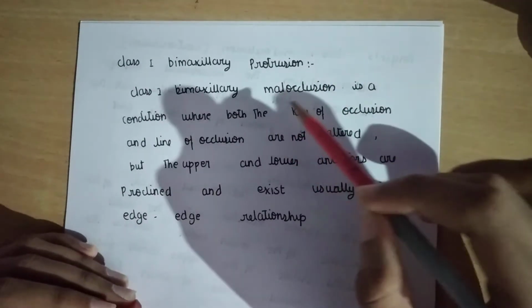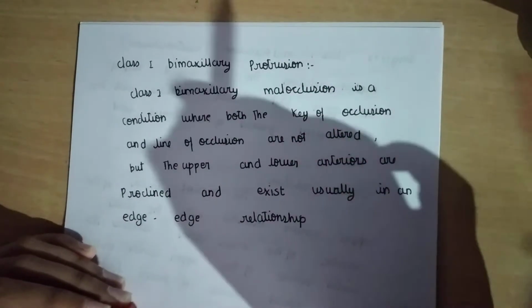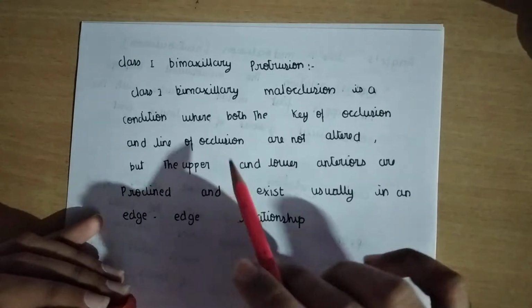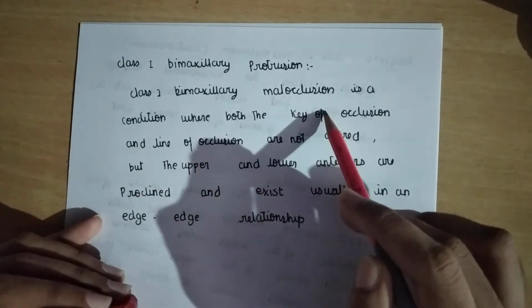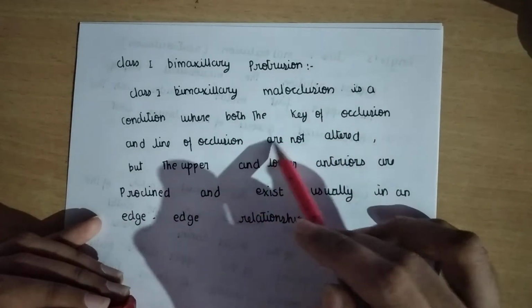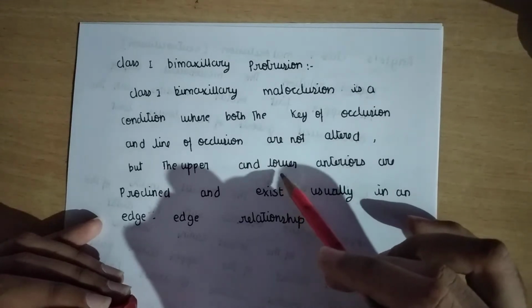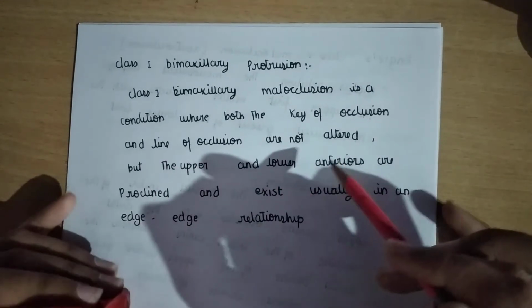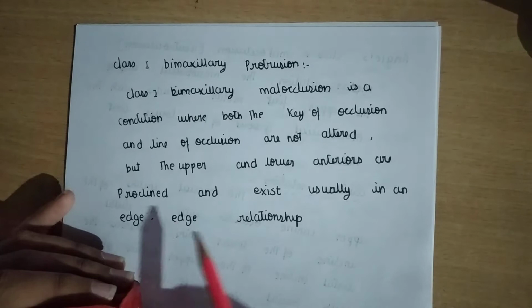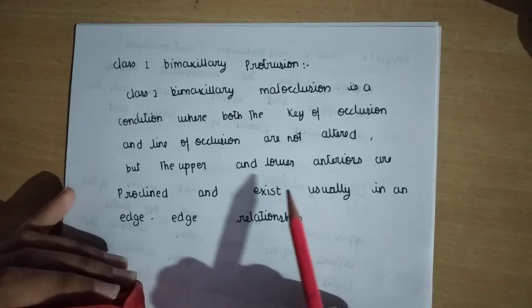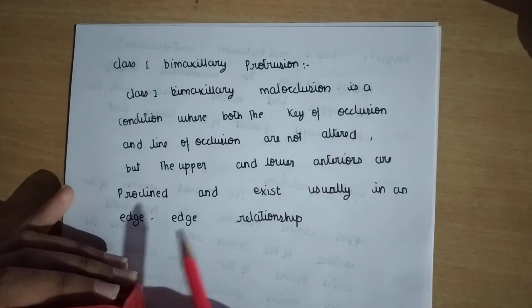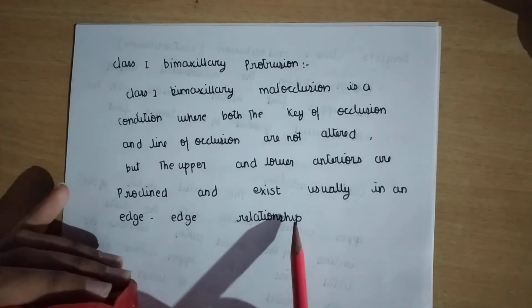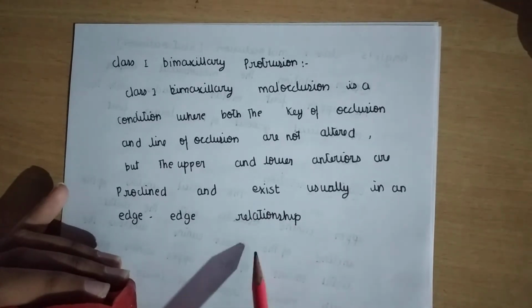In class 1 bimaxillary protrusion, the key of occlusion and line of occlusion are not altered. So everything is perfect, but the upper and lower anteriors are proclined and usually exist in an edge to edge relationship.